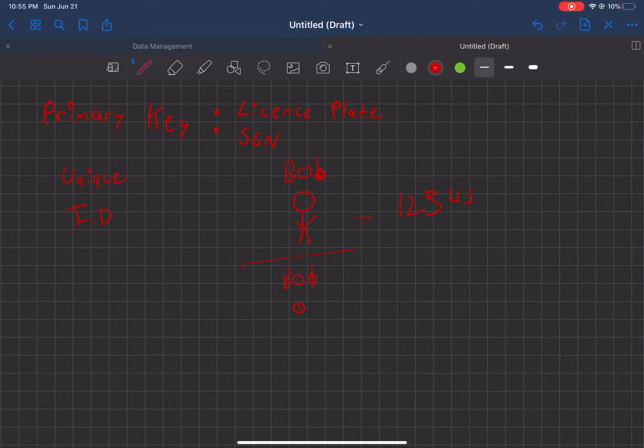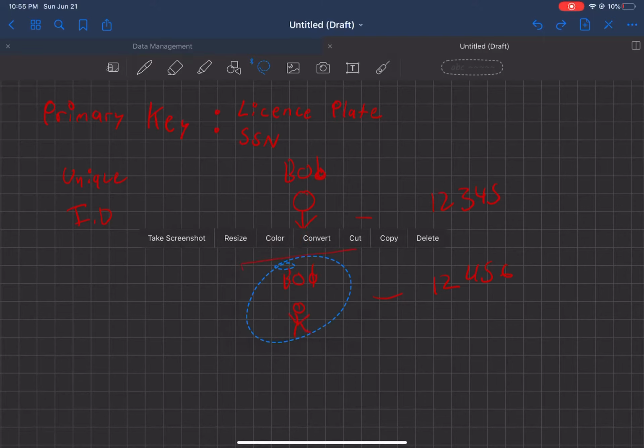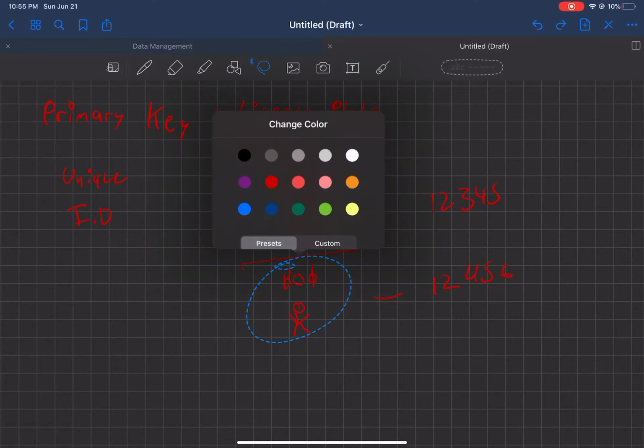Instead of referencing the name Bob, I can reference him by his social security number. Why? Because even if there are 4,500 Bobs in my database, this unique number is going to be unique.